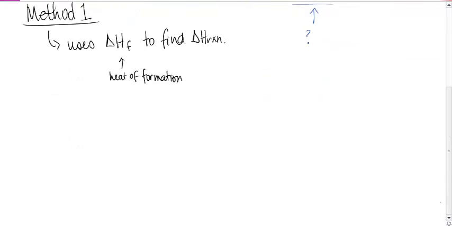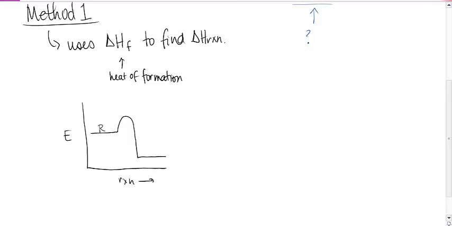So first thing I have to do is kind of explain why this method that we're going to do works. And I'm going to allude to an energy diagram here. The combustion of methane is an exothermic reaction. So if we do a graph of energy versus the reaction, here are our reactants, the methane and the oxygen.